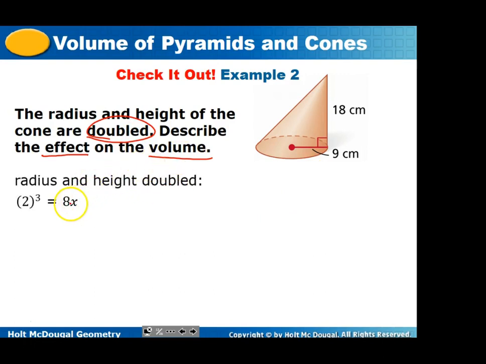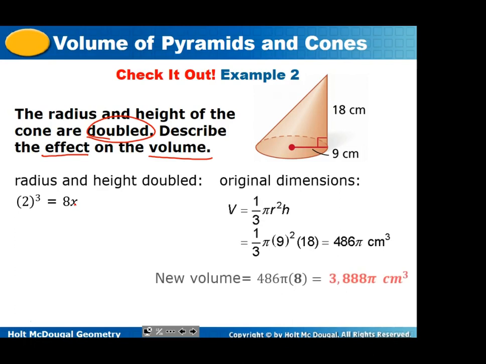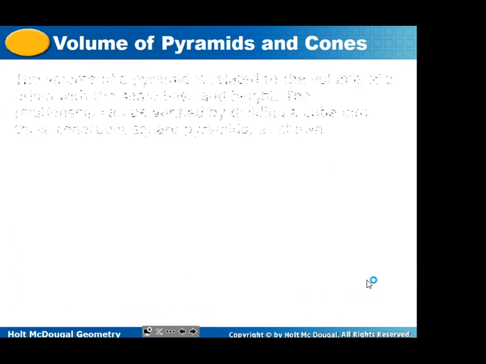So the volume of this shape is getting 8 times larger. And just to show you how that would work out, we would multiply 8 times the old volume, 8 times 486 pi, to get 3,888 pi centimeters cubed for our new volume.